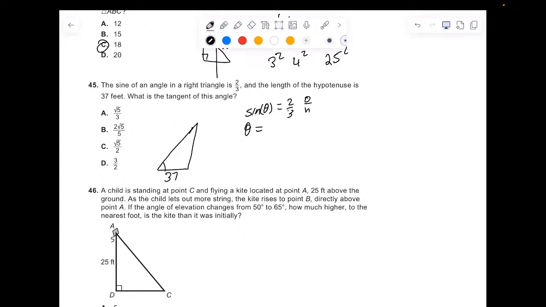I'm just gonna look up arc sine of 2/3. It doesn't work out very neatly. But theta is equal to 41.81 degrees.